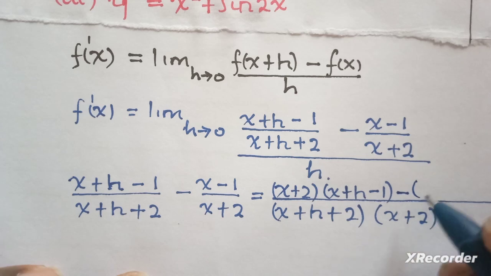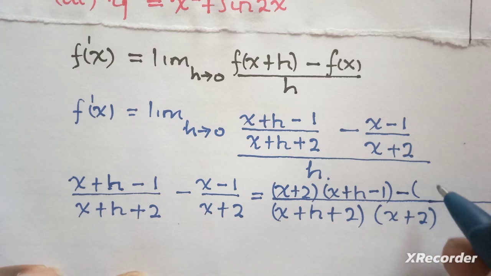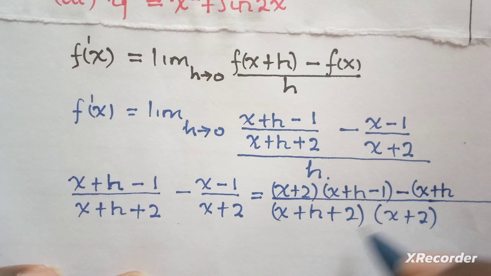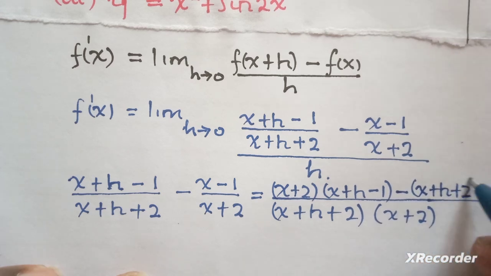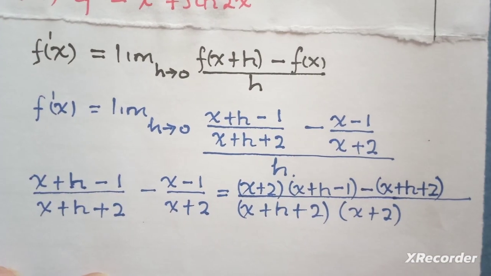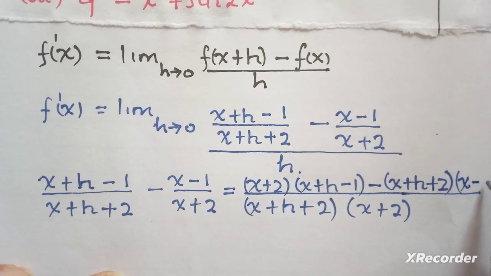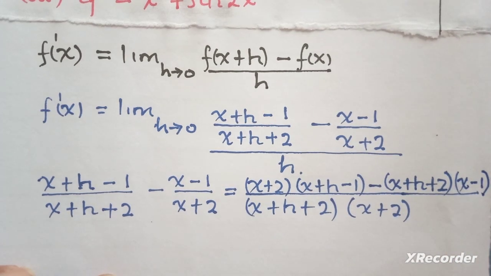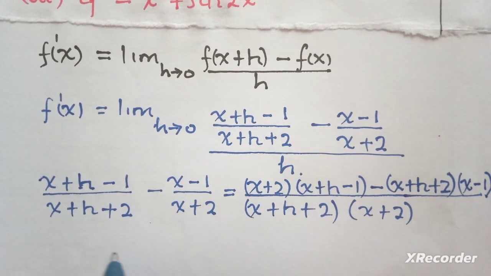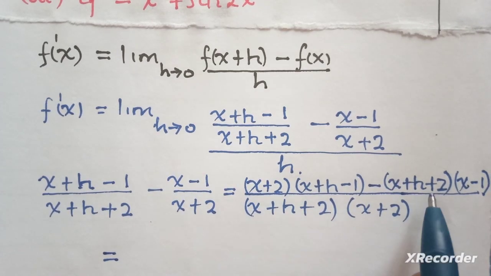So this one will be, we are dividing this by this one, we will get that, x plus h plus 2, now we multiply by x minus 1 here, x minus 1, like that. So guys, we can bring it up here. So now we shall have this is equals to, we are now dealing with the first one.